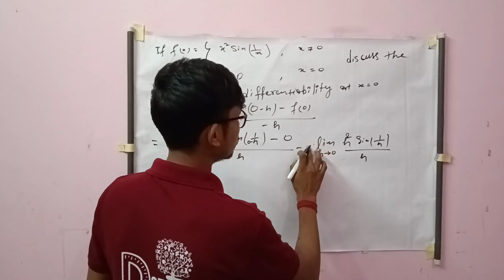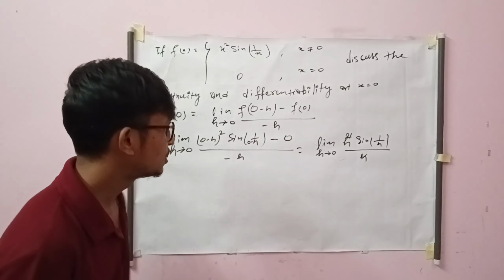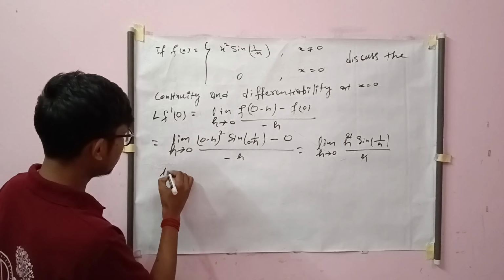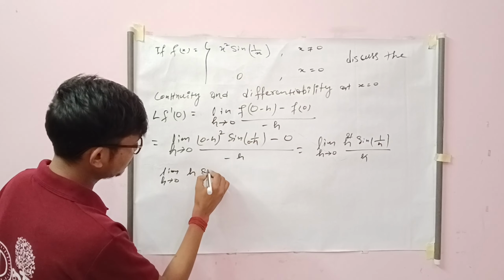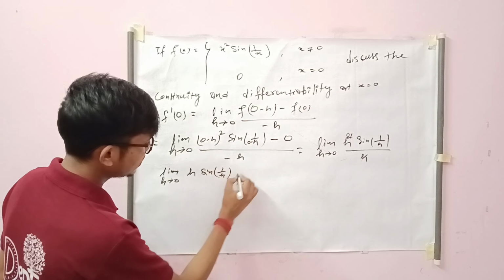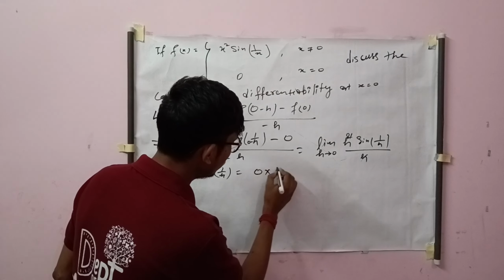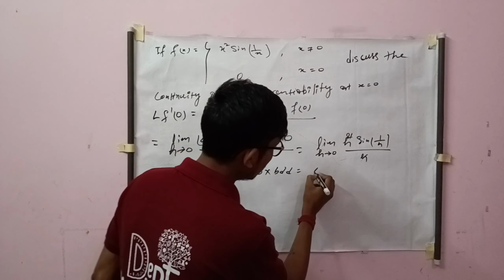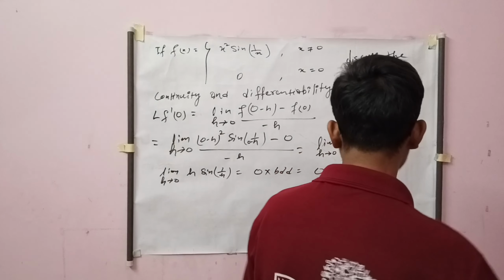Minus and minus will be plus, so h will be cancelled out. So now the limit h tends to 0 of h sine 1 upon h is 0 into bounded, and 0 into bounded is 0 again.